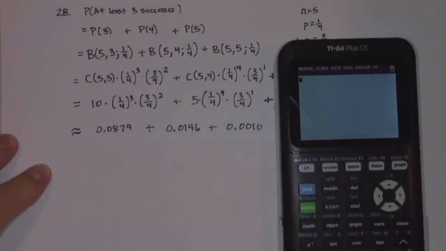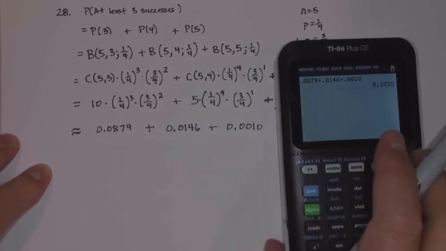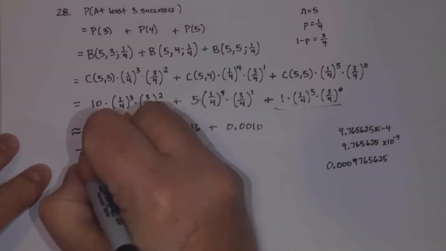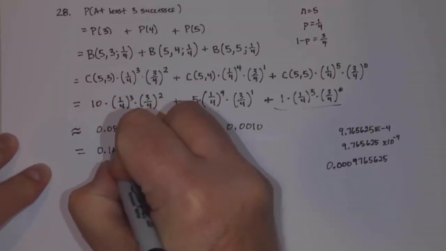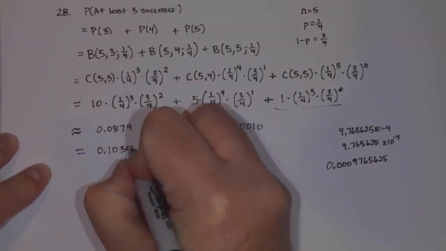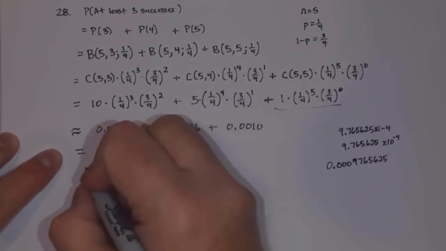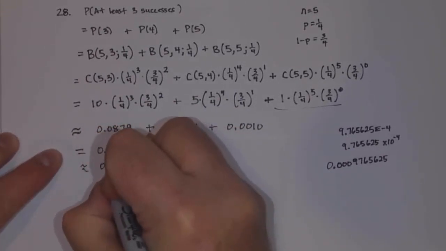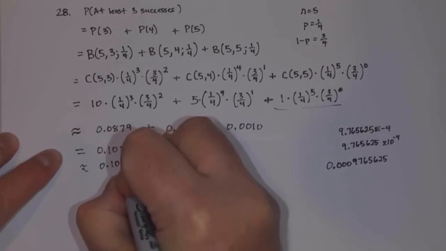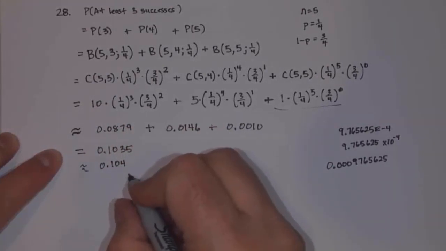So if I add that up, that's going to be 0.0879 plus 0.0146 plus 0.0010. That adds up to 0.1035. So this equals 0.1035. And so if I round that to 3 places, that would be 0.104 approximately.